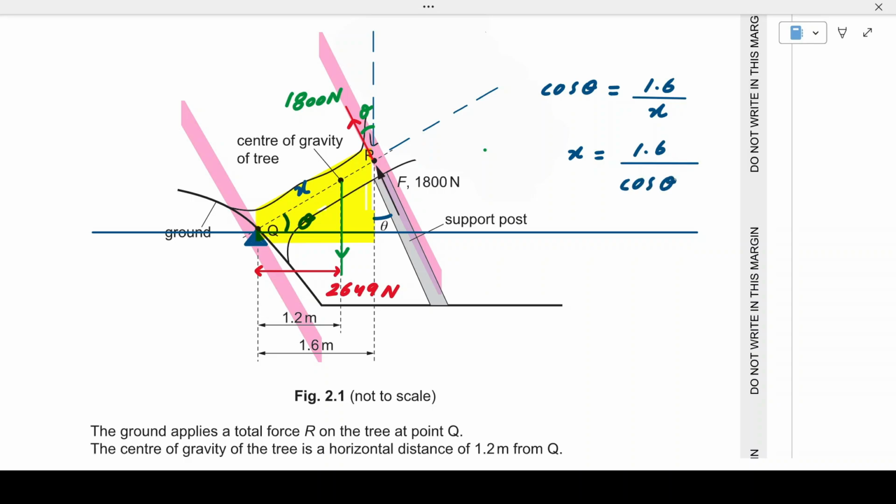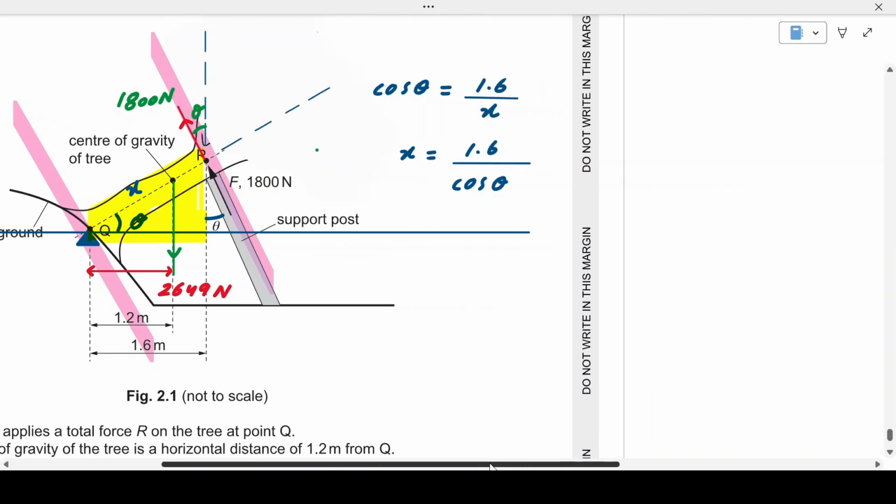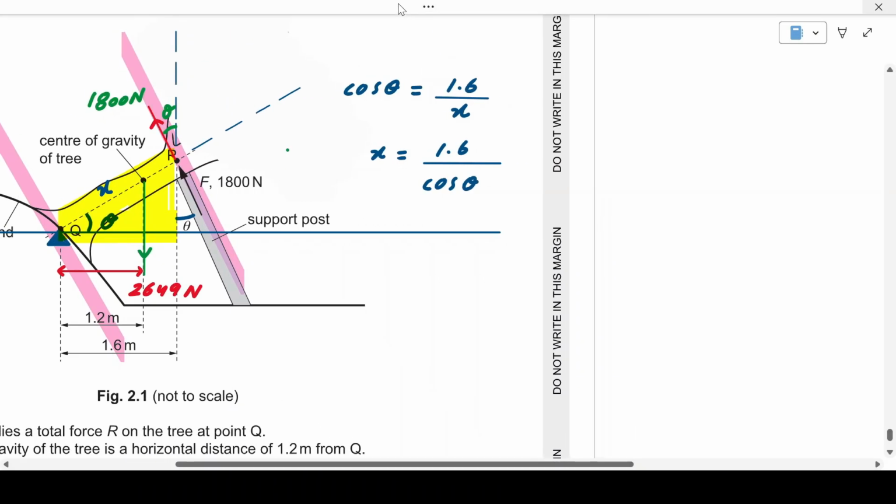So we have not found the value of the perpendicular distance of that force, but we have found the expression in terms of theta. Now the new diagram looks something like this.